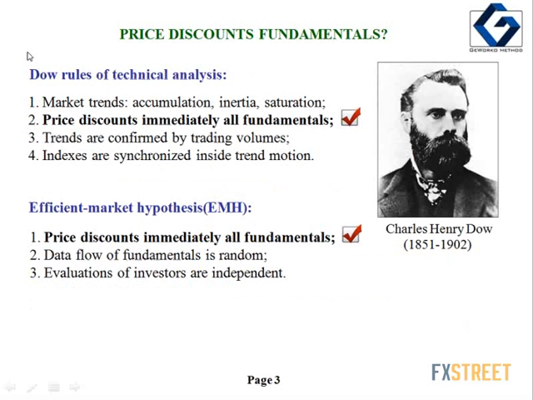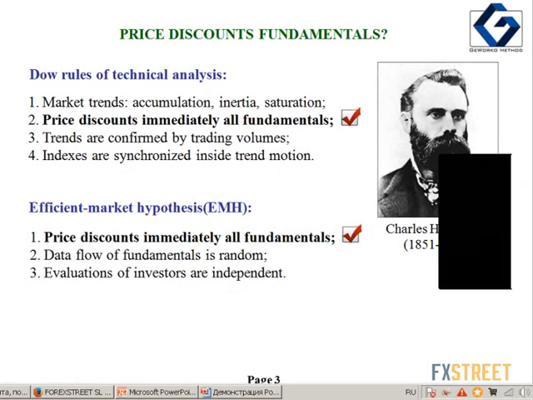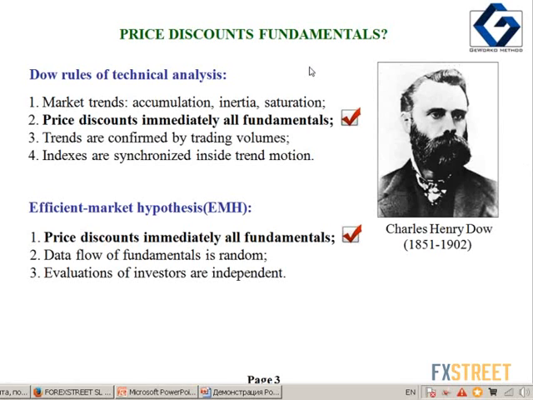Okay, let's start from the beginning. What is the basic rule of the technical approach introduced by Mr. Charles Dow? You can see his photo here. The so-called Dow theory: market price discards all fundamental information immediately. It means that the efficient market hypothesis, the so-called EMH model, is implicitly taken into account by Dow theory.